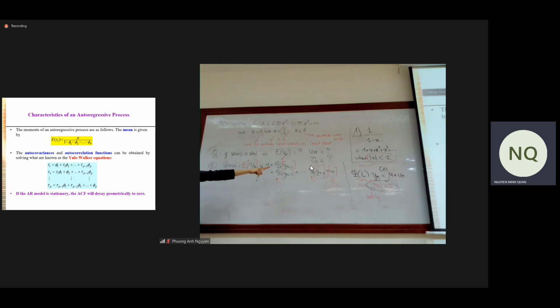From the equation, I take expectation of both sides. What do you get? Mu. How about the expectation of y_{t-1}? Yes, they're equal.